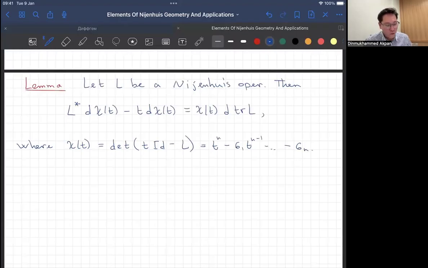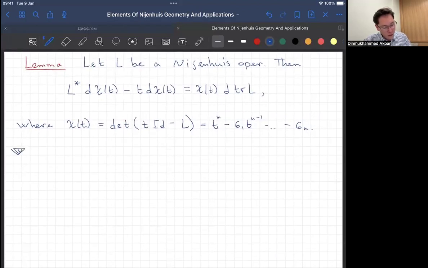It's a very useful formula for Nijenhuis operators to prove some normal forms and to find some good characteristics of this operator field. And we will prove this lemma now.